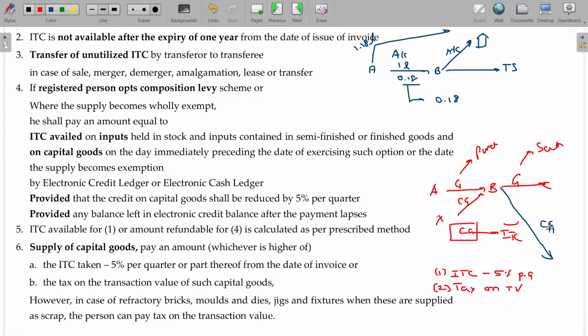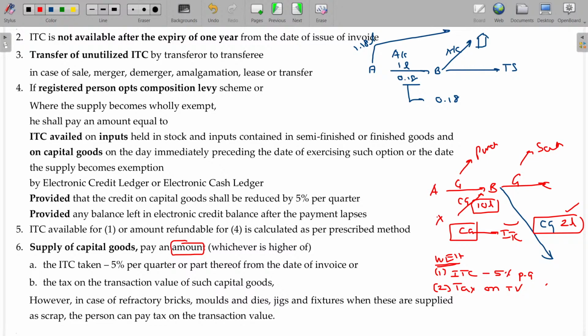What is called tax on transaction value? The capital goods purchased for 10 lakhs. Today you are selling after the usage for 2 lakhs, as scrap, second hand. What is the GST applicable on this 2 lakhs? That is called tax on transaction value. And ITC availed while purchasing the asset minus 5% per quarter. Compare these two; whichever is higher should be refundable as an amount.